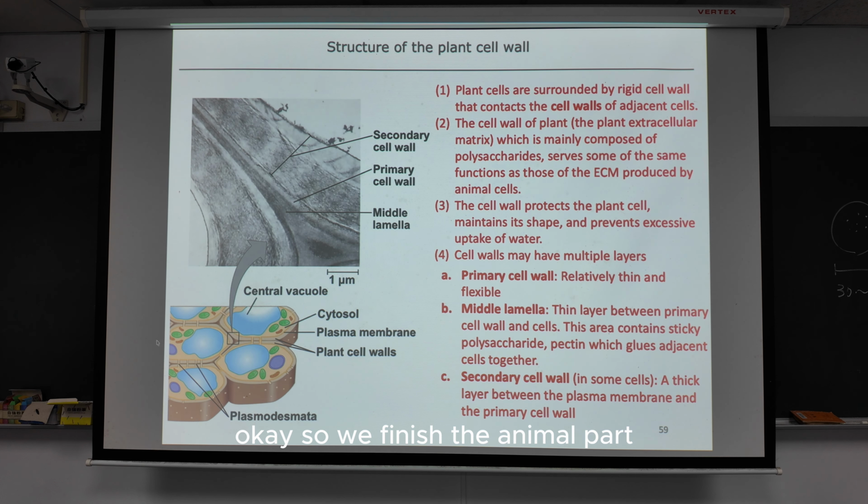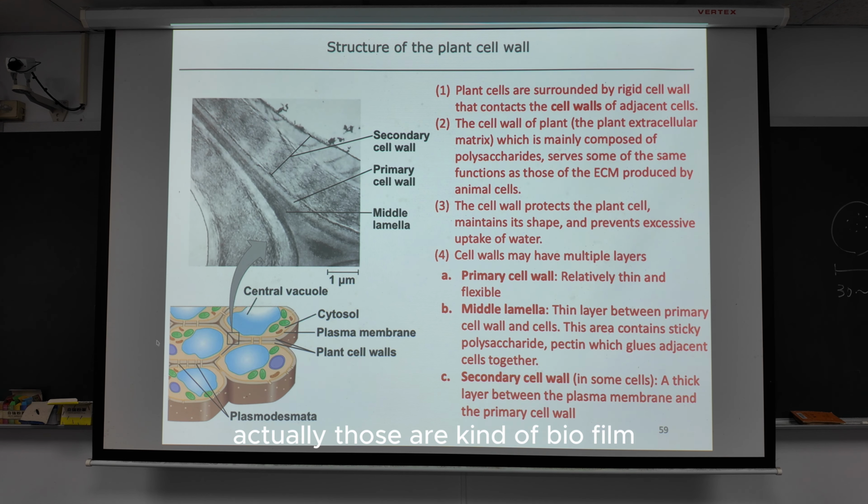Okay, so we finished the animal part, and now we come to the plant part. This is one plant cell, this is the plasma membrane, and the other is the neighboring plant cell. Their extracellular matrix is basically the cell wall, and their cell wall is not protein, it's mainly polysaccharide.